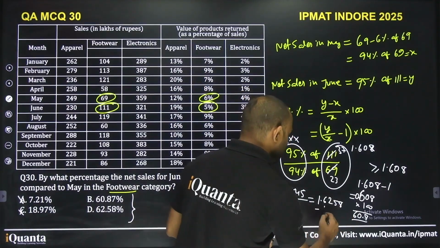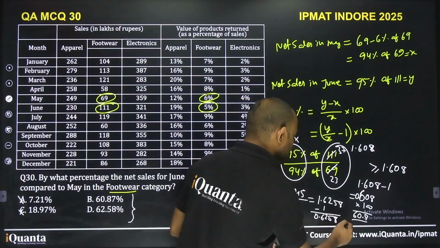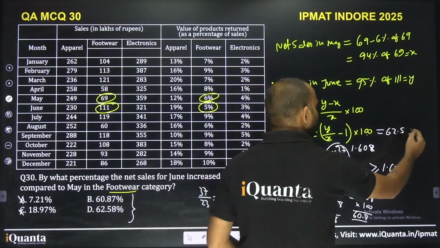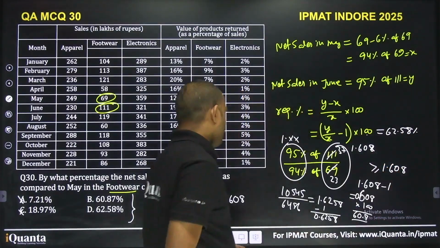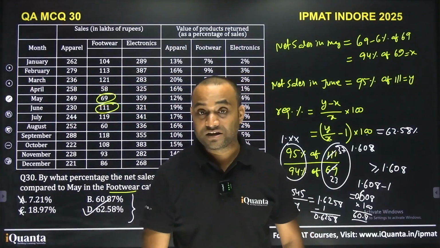Now if you subtract 1 from this, you get 0.6258, and if you multiply this by 100, you get 62.58%. And now we are 100% sure that option D is our answer.